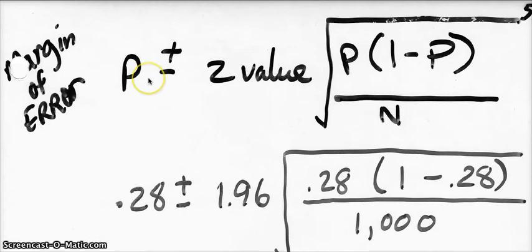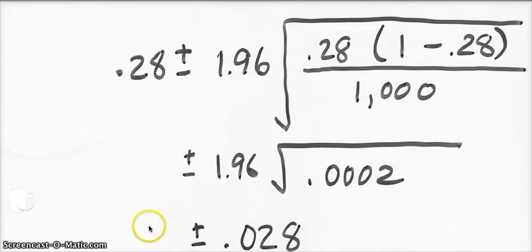We're going to use the formula p plus and minus z-value times the square root of p times 1 minus p, all divided by n. So we'll have 0.28 plus or minus 1.96, again using a 95% confidence level, times the square root of 0.28 times 1 minus 0.28, all divided by 1,000. You'll have 0.28 plus and minus 1.96 times the square root of 0.0002.